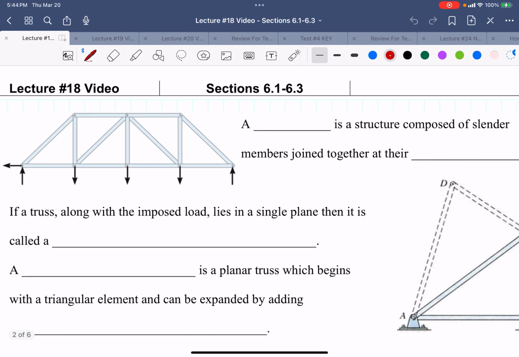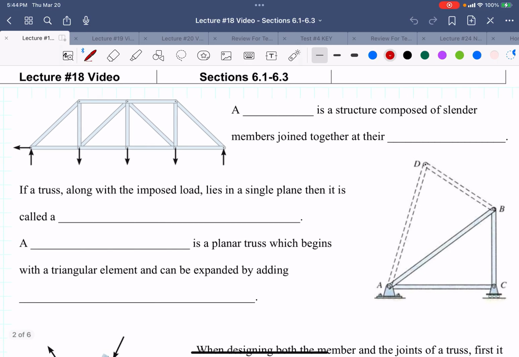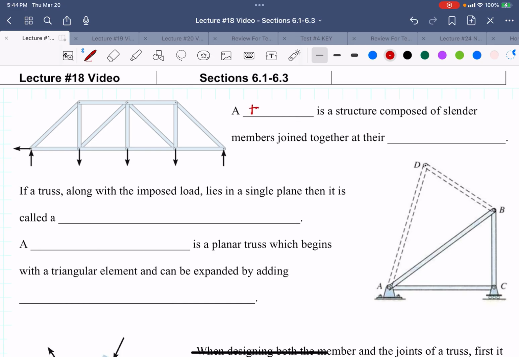talking about what a truss is, which we've talked about before because you built your bridges. So you know that a truss is a structure that is made of slender members joined together at their end points.